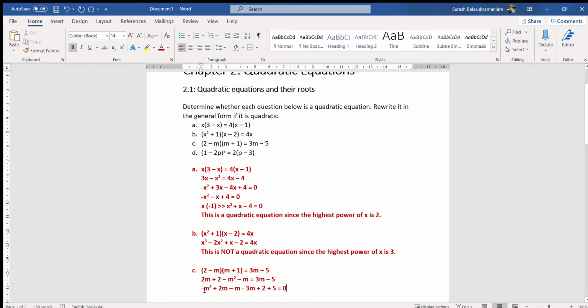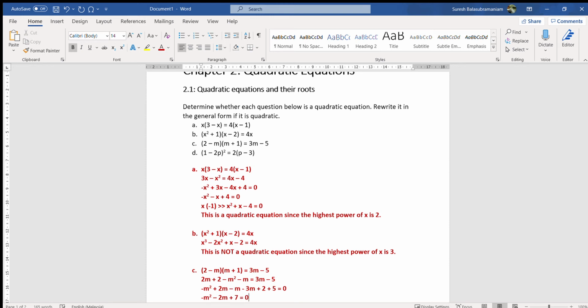So I got all the terms here. Okay, I'll simplify this. So I'll get negative m square, 2m minus m is negative m, minus 3m is negative 2m, plus 2 plus 5, you get plus 7.